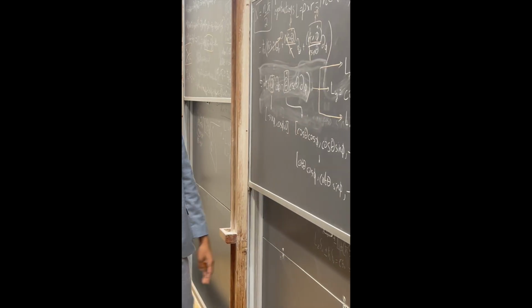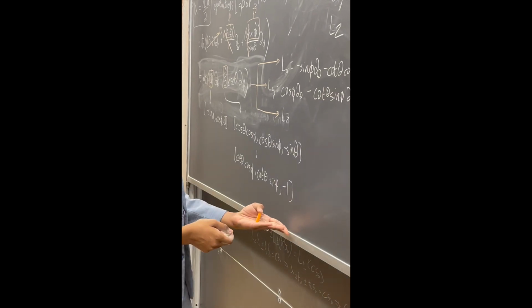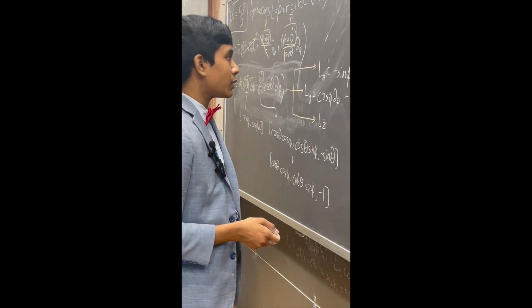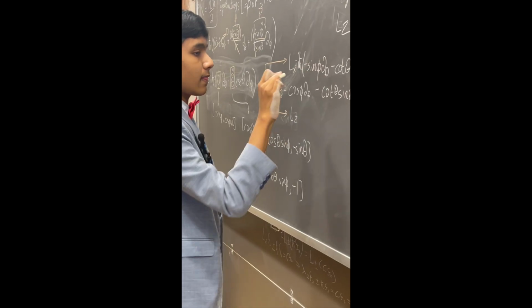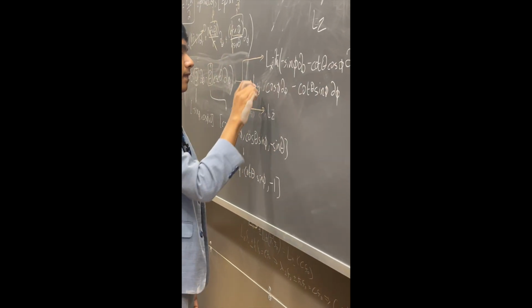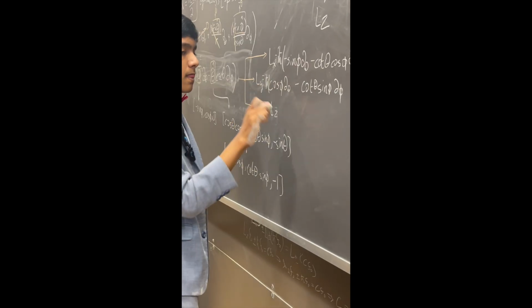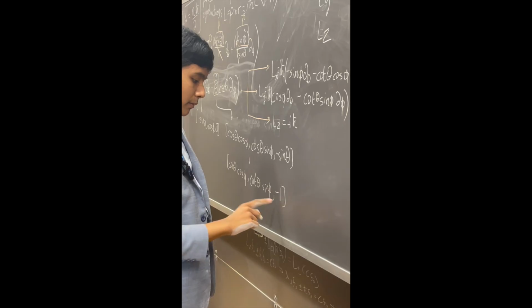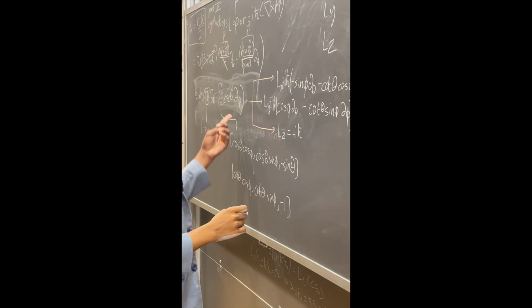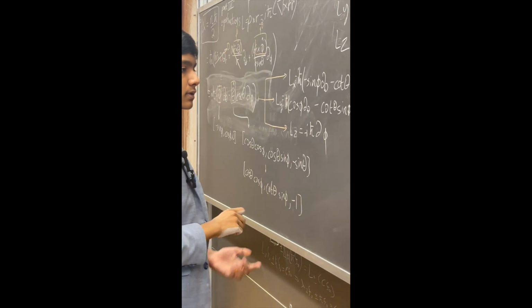There's no Lz component here, and the only one here is, I forgot the i h bar. We'll just add it in. Lz is just i h bar, remember the minus 1 here, partial phi.